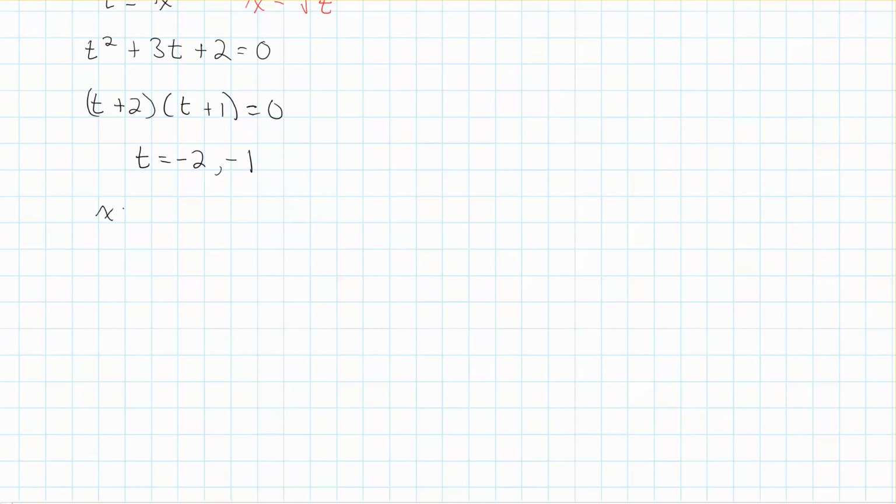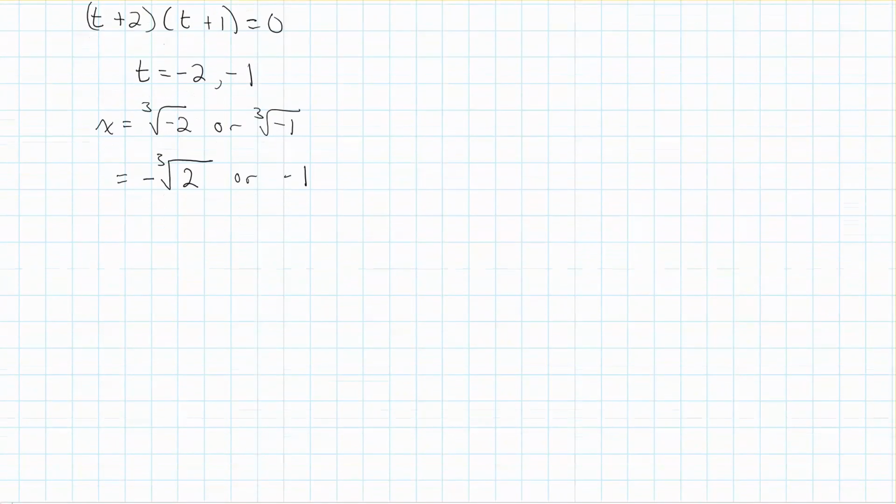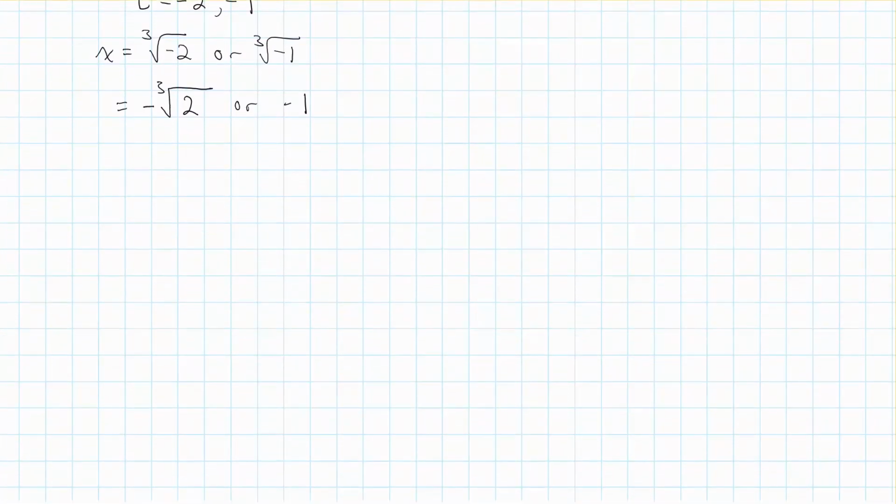So x would be the cube root of negative 2 or the cube root of negative 1. Now the negative can come outside of that cube root, so we'd have negative cube root of 2 or negative 1, because the cube root of negative 1 is negative 1. Alright, so those are quadratic types of equations. So you convert them into a quadratic equation, and then you just solve it using regular quadratic equation techniques.